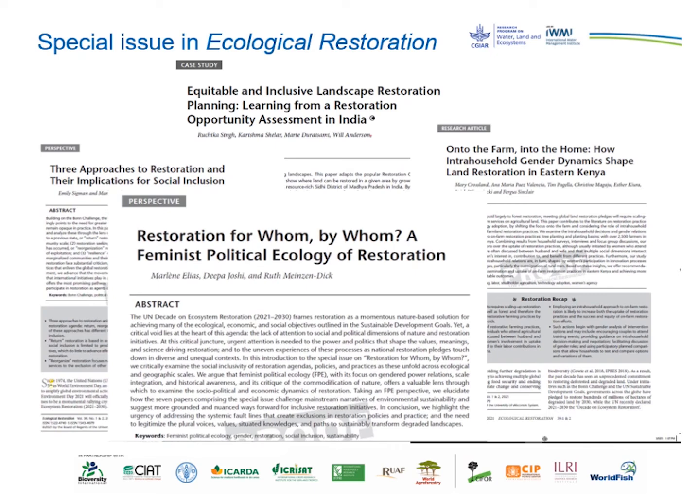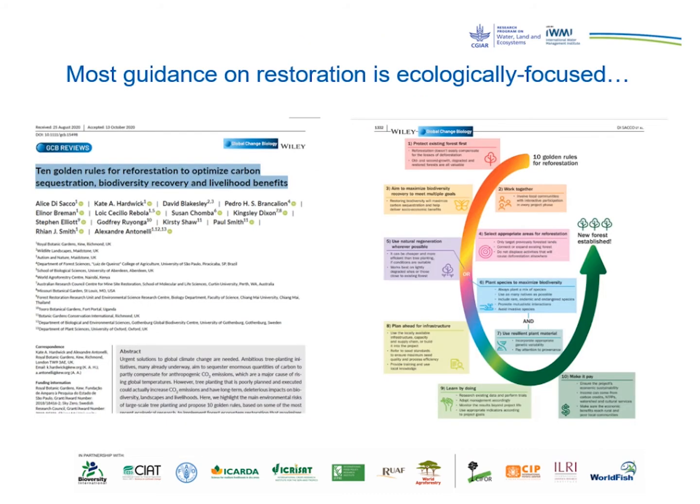And this article responds to a similar one that I'm posting here by Di Sacco and colleagues that mostly focuses on biophysical aspects of restoration, though they do acknowledge the need to engage stakeholders and to secure economic returns to local people through restoration. So ours is a little bit of a complement to this article, and I'll take the rest of my time to go over our 10 golden rules for socially sustainable restoration.